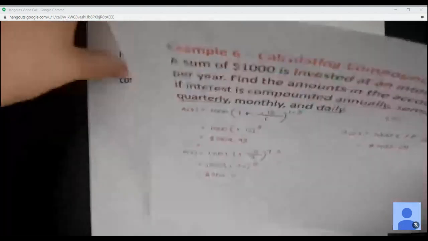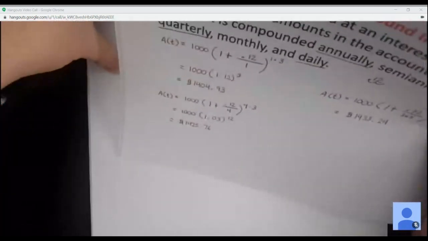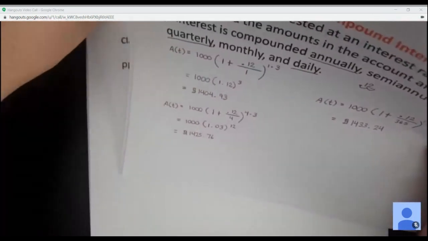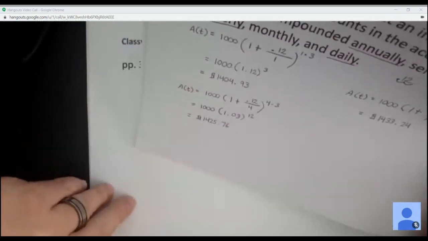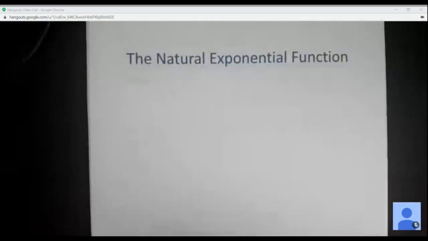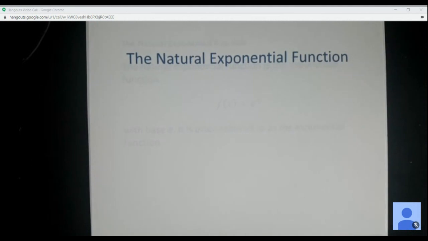Now we're going to move on to section 4.2, which is what we call the natural exponential function.